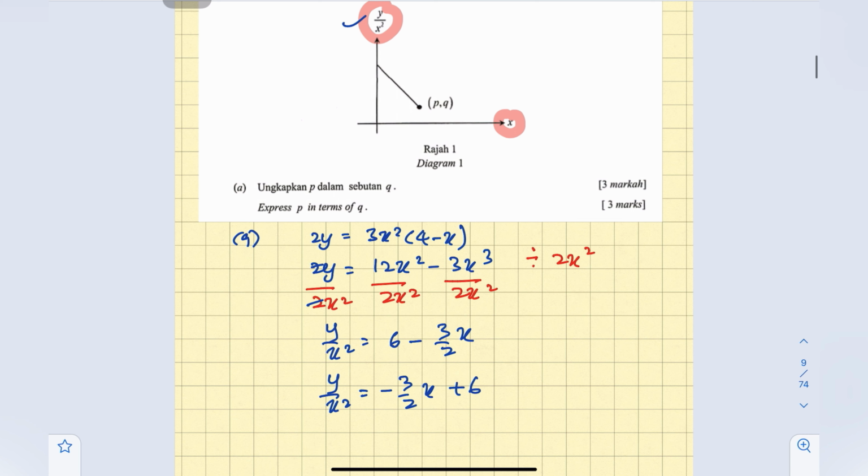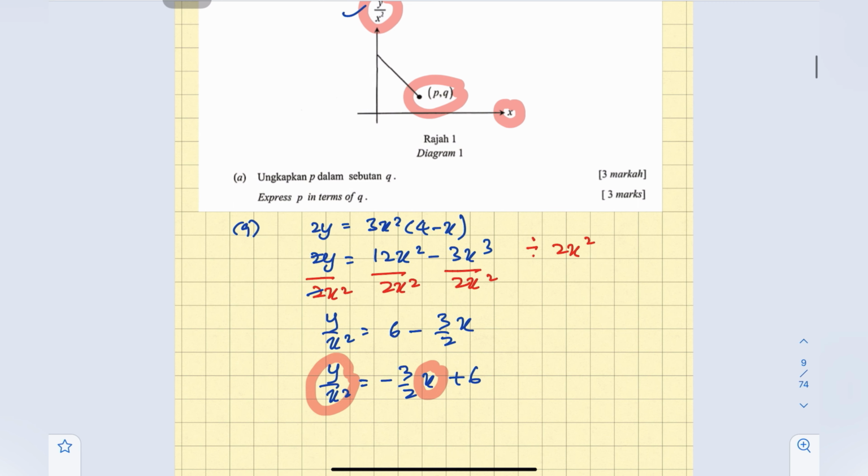Okay, so this is the big Y and this is the big X. From the graph diagram given, points P and Q: point P is the coordinate of X and point Q is the coordinate of big Y. So we substitute. Q equals negative 3 over 2 P plus 6.